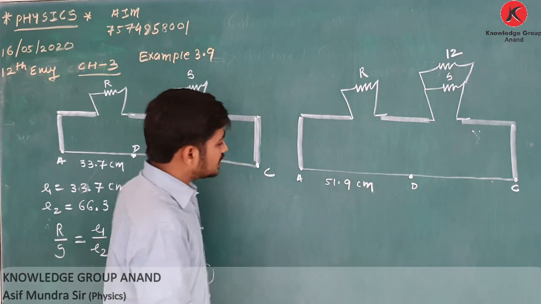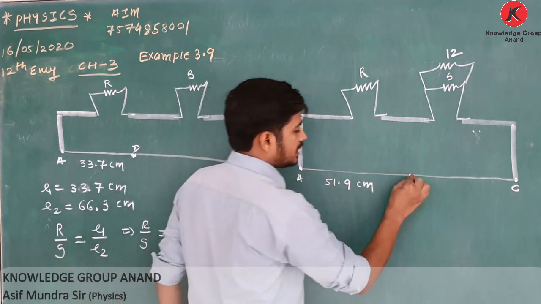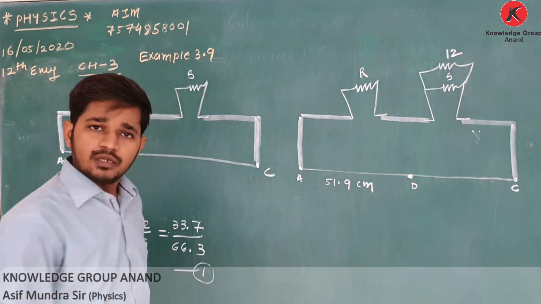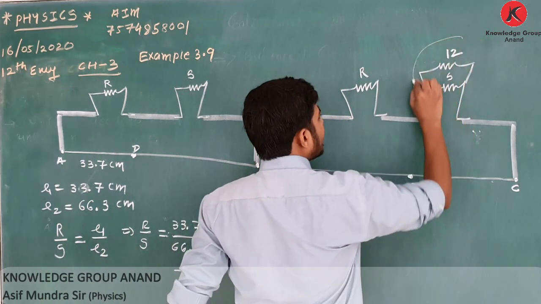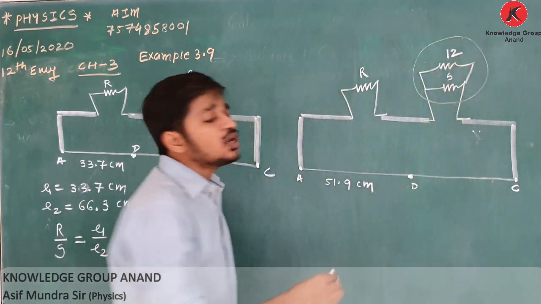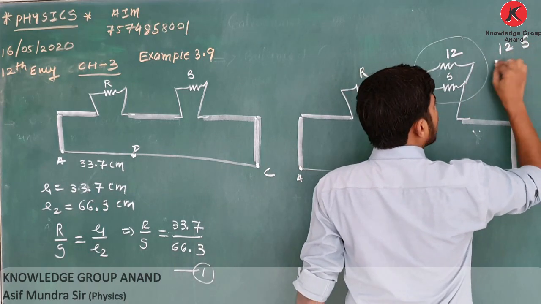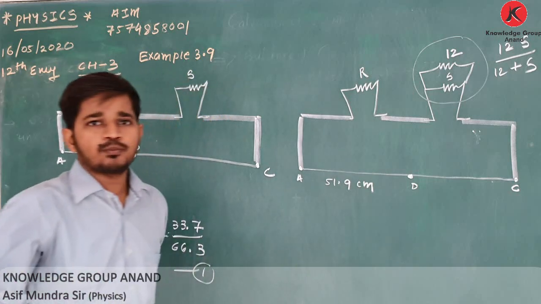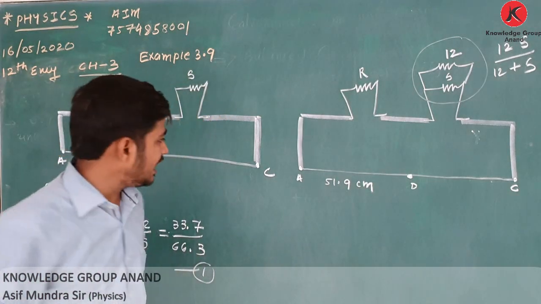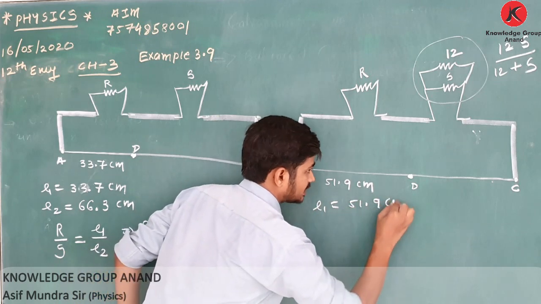So in this case, the null point is at 51.9 centimeter from point A. We know that this 12 and S are in parallel connection. So what is their equivalent resistance? It is 12S upon 12 plus S. Here L1 is equal to 51.9 centimeter.